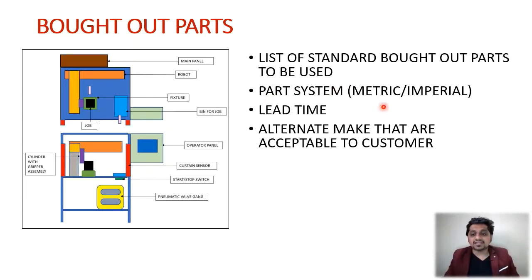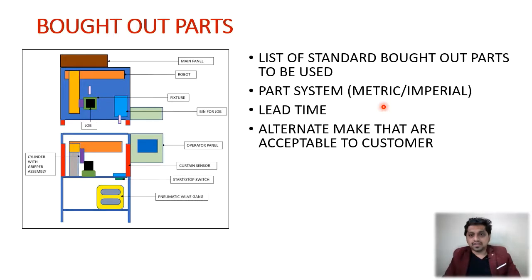Then the part system. In India, most industries require the metric system, while in North America, most things are in the imperial system, like the inch system. So while choosing the part, you should see whether you are buying a metric part or an imperial part. Then comes the lead time.